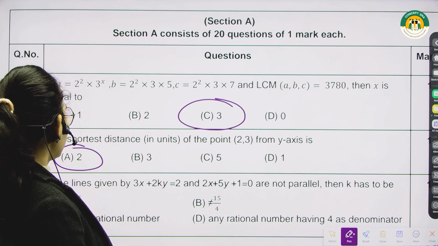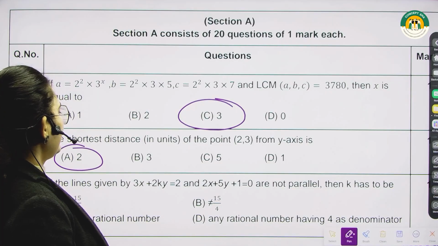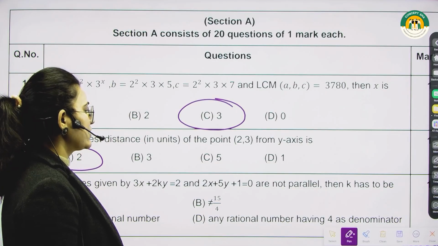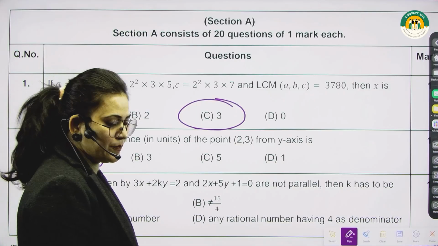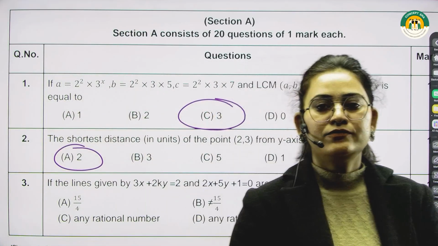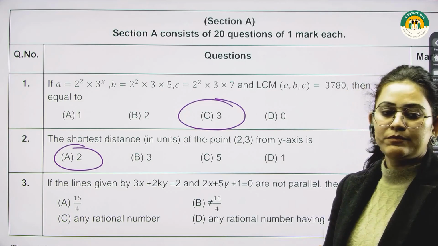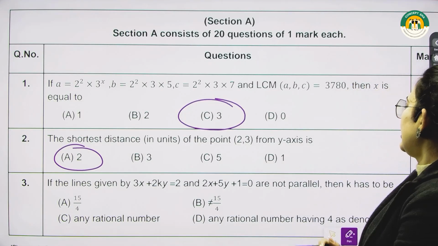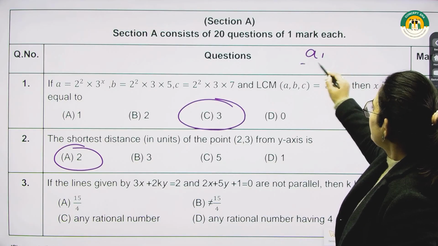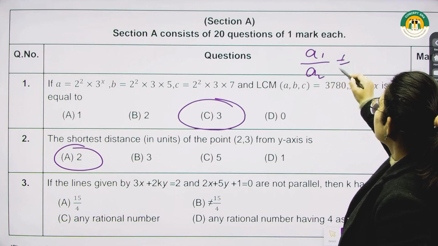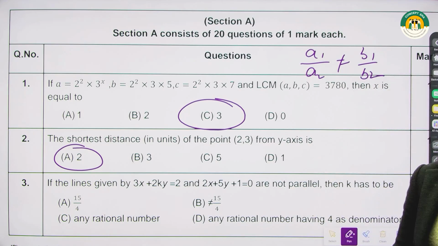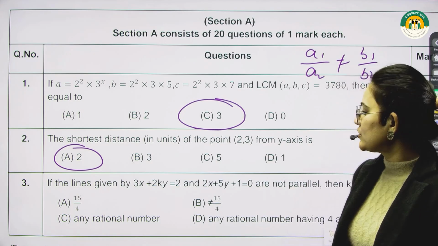Next question: if the lines given by 3x plus 2ky equals 2 and 2x plus 5y plus 1 equals 0 are not parallel, you have to find the value of k. As you know, if the lines are not parallel, that means they are intersecting lines, and for intersecting lines, a1 upon a2 is not equal to b1 upon b2.